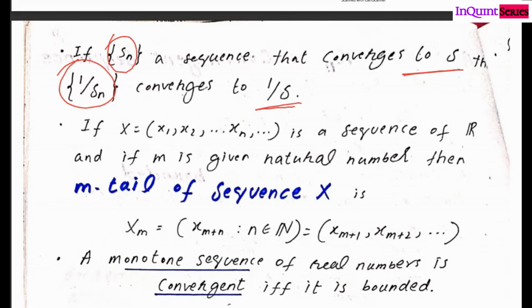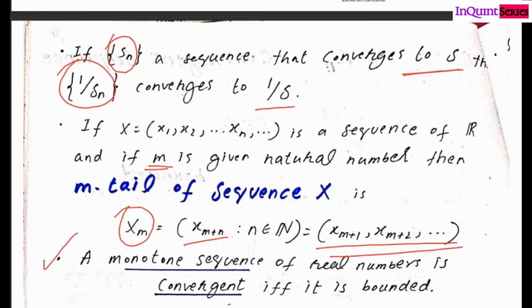The next key point is the definition of the m-tail of a sequence X. If X is equal to x1, x2 and so on, xn and so on, is a sequence of real numbers, and if m is any natural number, then the m-tail of sequence X is denoted by Xm and is x sub m plus n such that n belongs to the set of natural numbers, and it can be written as x m plus 1, x m plus 2 and so on.